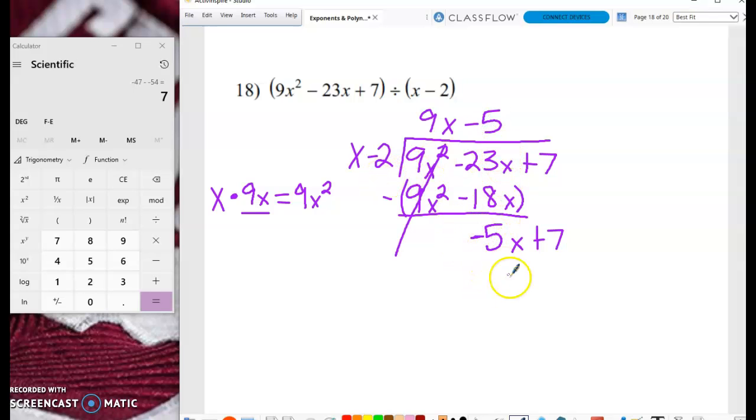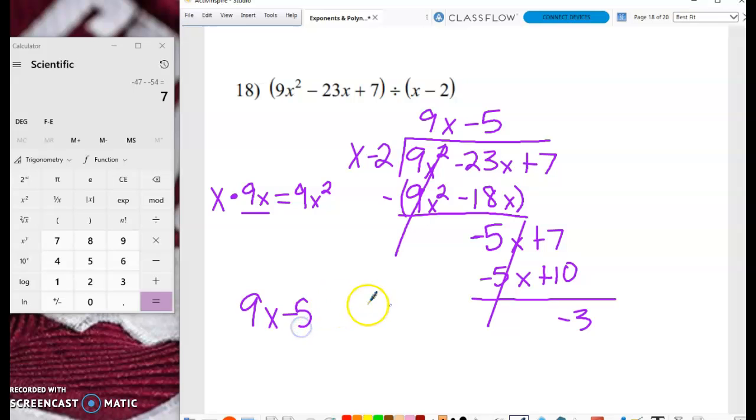So x times negative 5 is negative 5x. Negative 5 times negative 2 is going to be positive 10. So these are going to cancel. 7 minus 10 is going to be negative 3, and that's my remainder. So 9x minus 5, since my remainder is negative, we're going to say minus 3 over x minus 2.